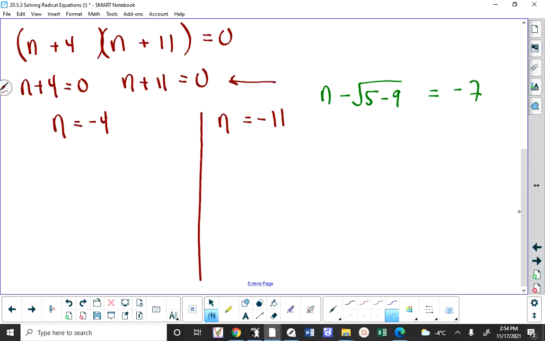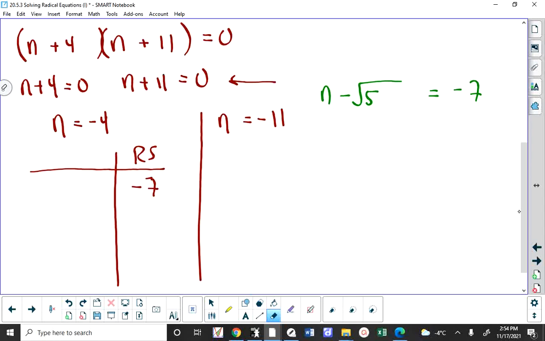So let's do the negative 4 first. We have left side and right side. Well, the right side is really easy, so I'm going to give myself a little more room on the left. Right side is negative 7. I need to take my n, which is negative 4, and put it here, and this should be an n, shouldn't it, instead of 9?